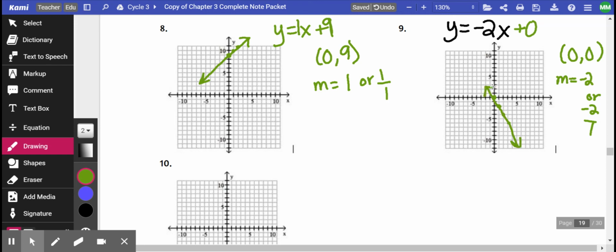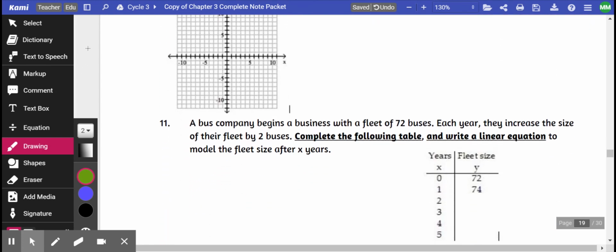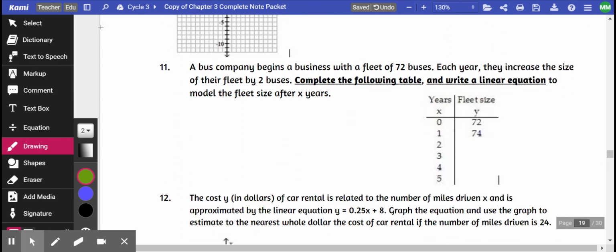There you go. The final problem that we're going to look at for today is number 11. A bus company begins a business with a fleet of 72 buses. That kind of gives us a hint. That's our starting value. Each year, they increase the size of their fleet by 2 buses. Complete the following table and also write a linear equation. Okay, so we're going to have y equals blank x plus blank.